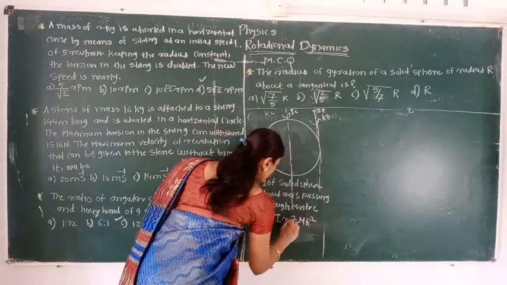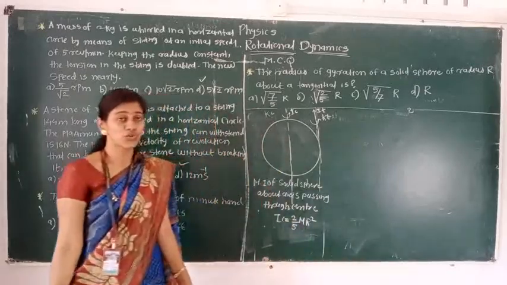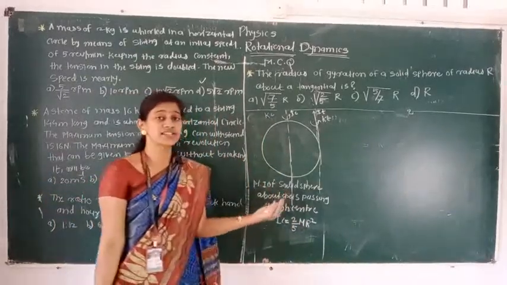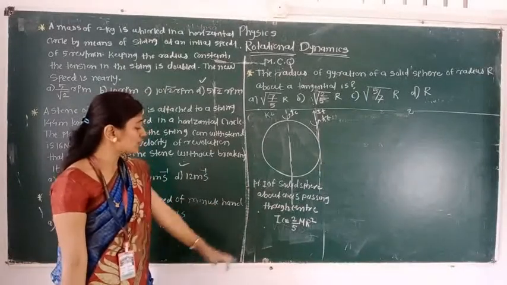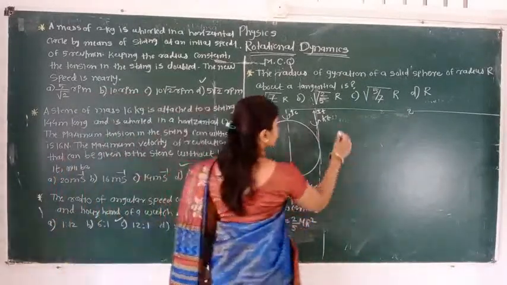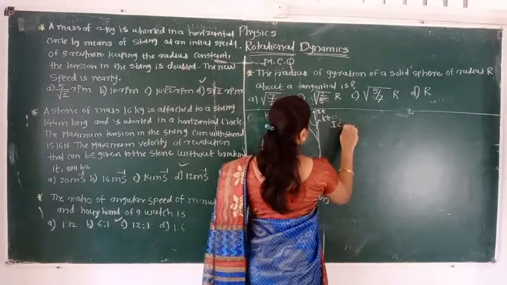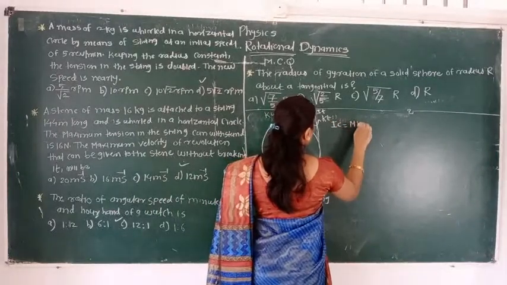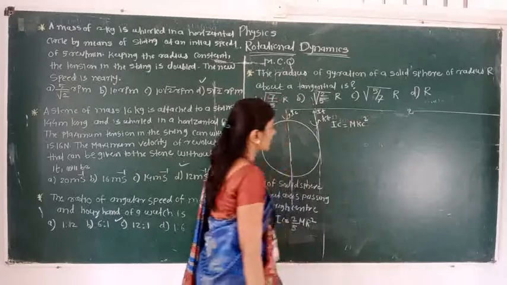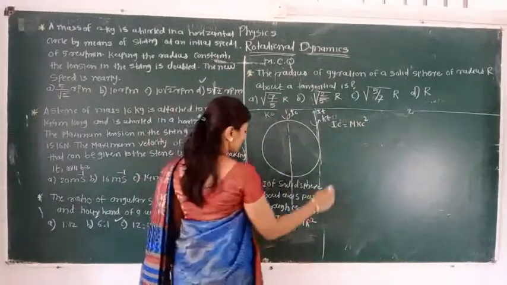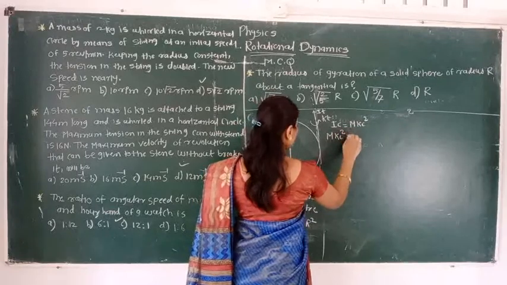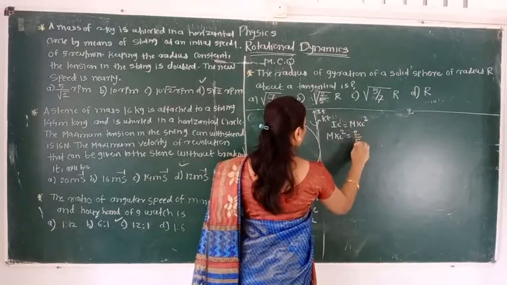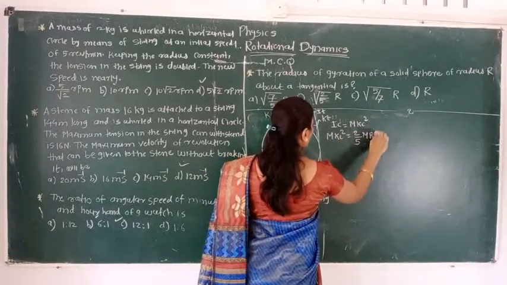Now the radius of gyration is given to us. If the radius of gyration is given, the moment of inertia is expressed in terms of K. So if we write IC in terms of m KC square and put this value in, we will get m KC square is equal to 2 by 5 m r square.